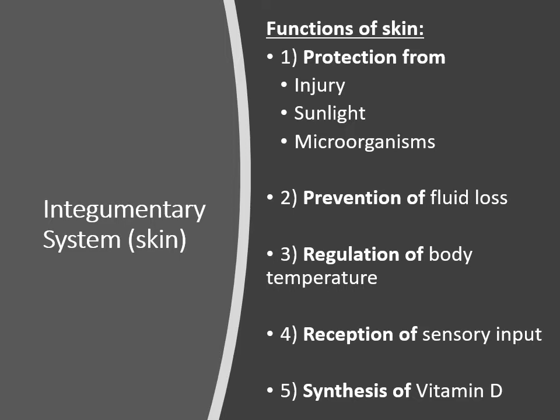This inactive vitamin D needs to go through a process of activation. And the first place that it gets converted is in the liver. But the real activation to active vitamin D is in the kidney to calcitriol. Okay? And calcitriol is the active form of vitamin D.